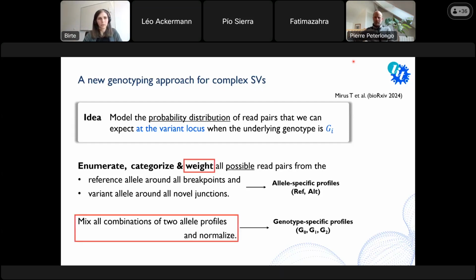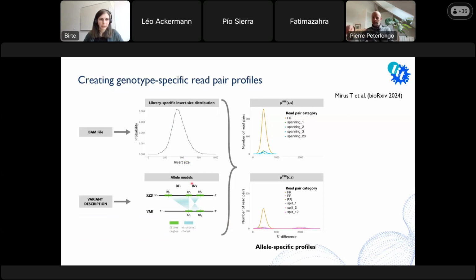And this is what we use to then weight our enumerated read pairs for the allele-specific read pair profiles. And then after weighting them, we mix the read pairs into genotype-specific profiles that we normalize into a probability distribution. So this is illustrated here.